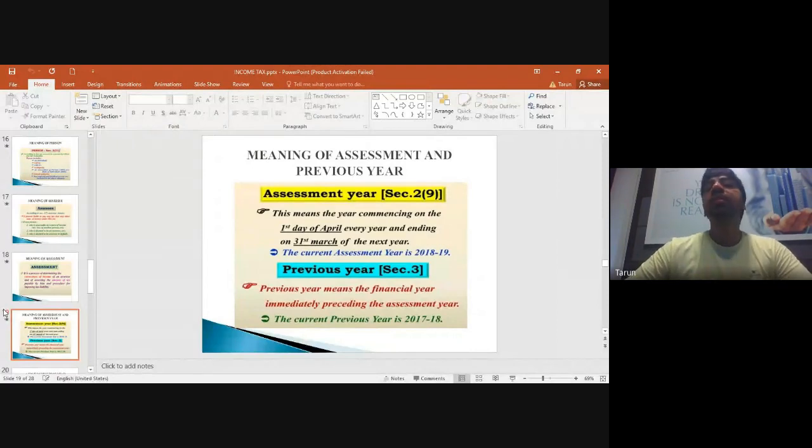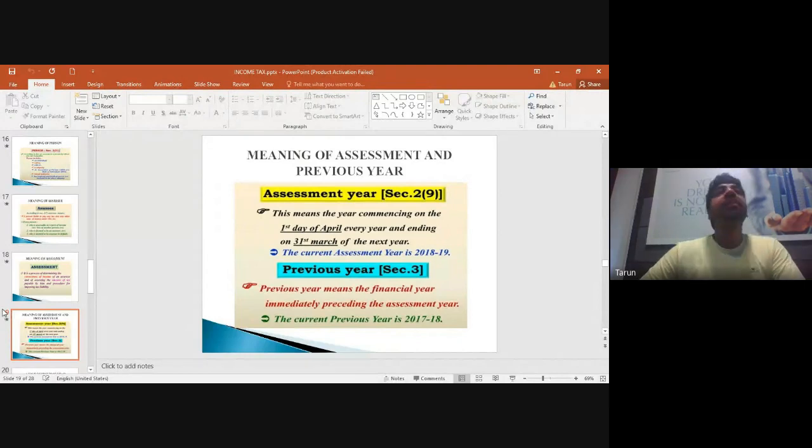So the previous year means the financial year immediately preceding the assessment year. You need to understand both, because the income that you have earned is during the previous year and the tax will be chargeable for the assessment year, right?